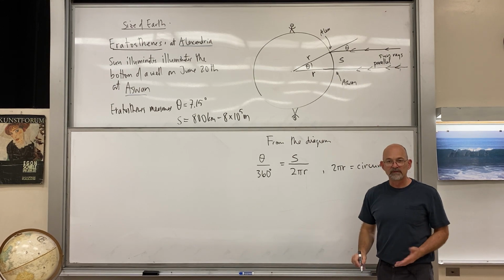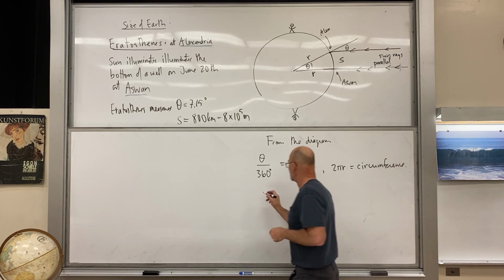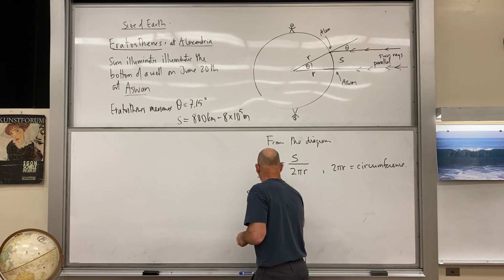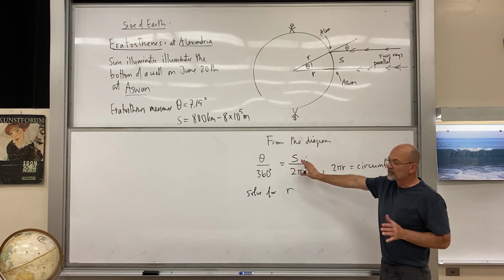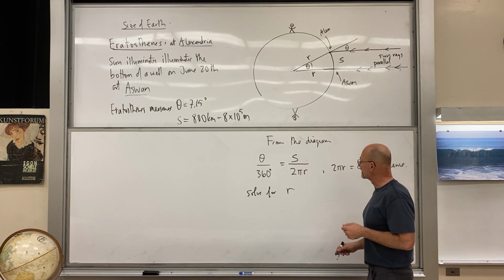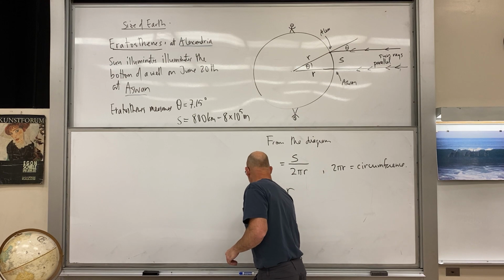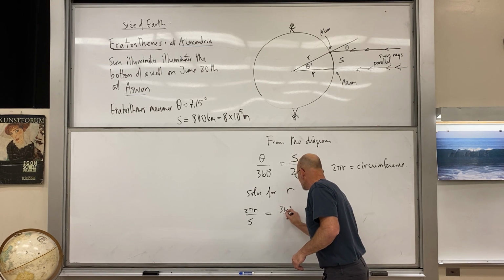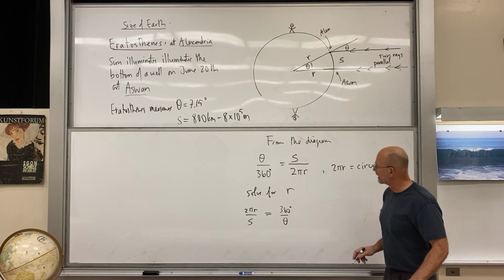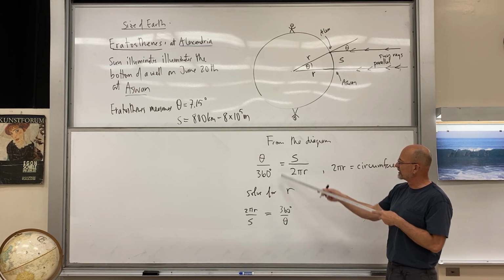So where's our unknown? Solve for r. And again, depending on how much practice you've had doing this, it'll take shorter or longer. Well, one thing we can do is just invert it. So we can say we've got 2 pi r divided by s is equal to 360 degrees divided by theta. We just inverted both sides. 2 pi r over s, 360 over theta.